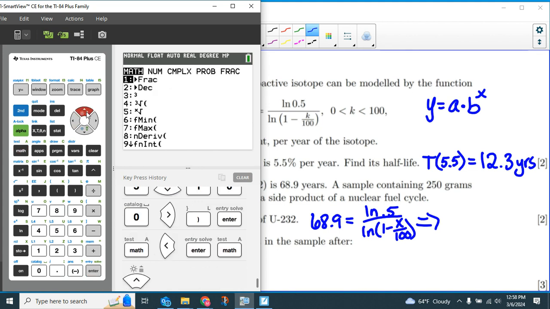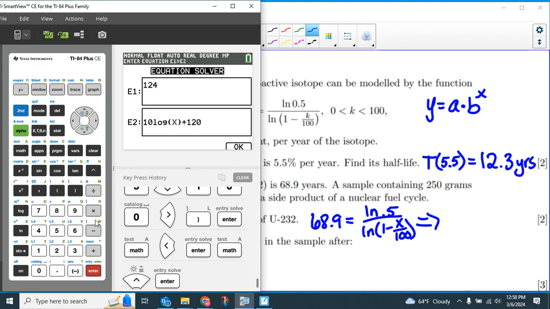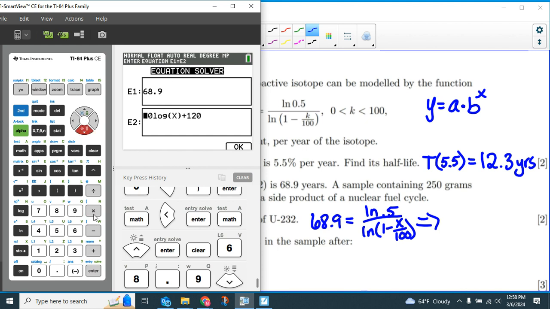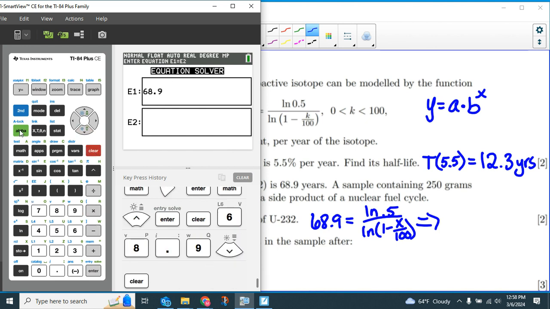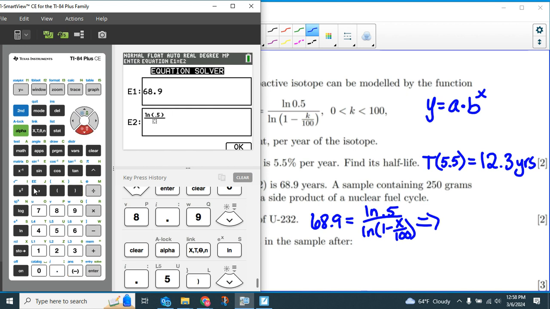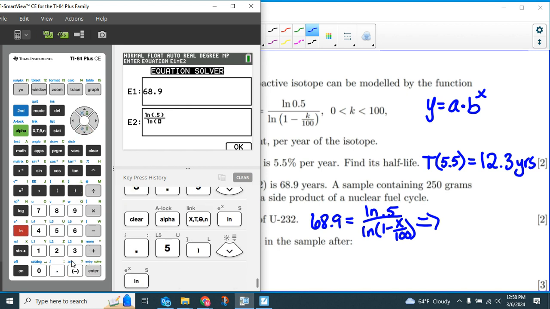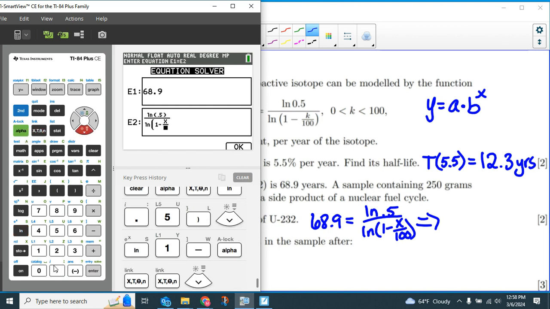So we will have 68.9 equals ln of 0.5 over ln of 1 minus x over 100.